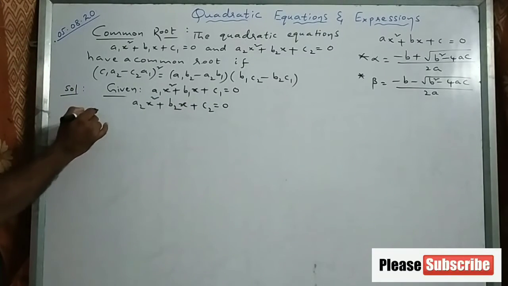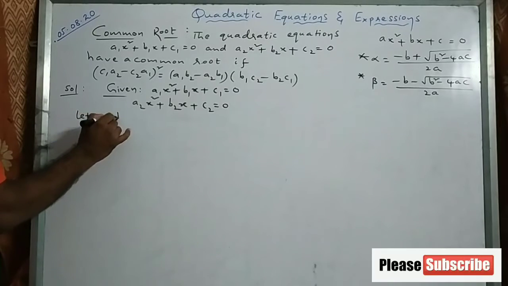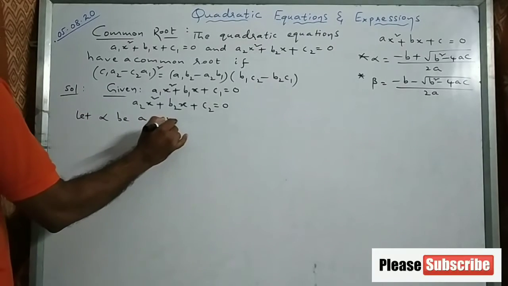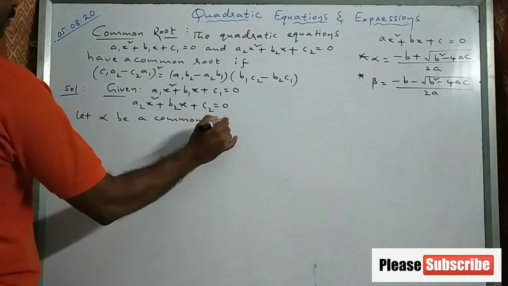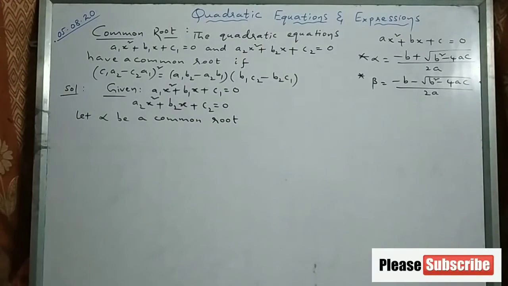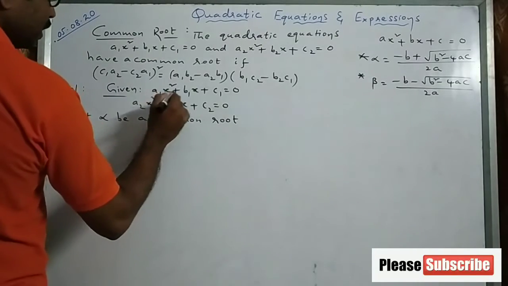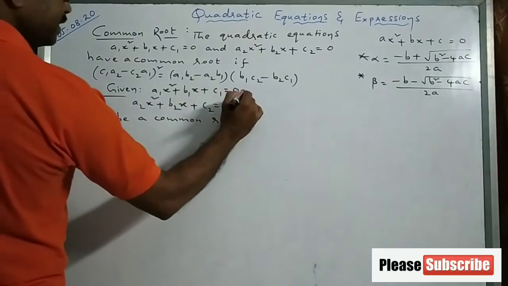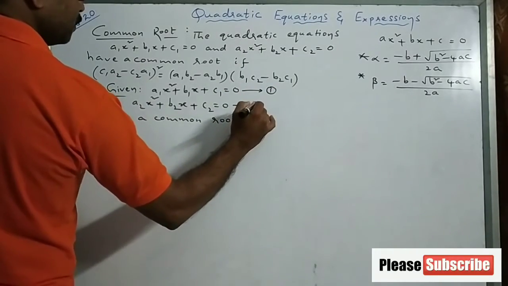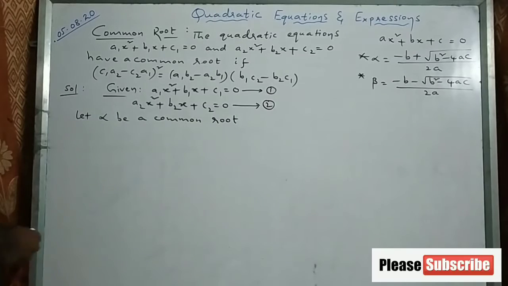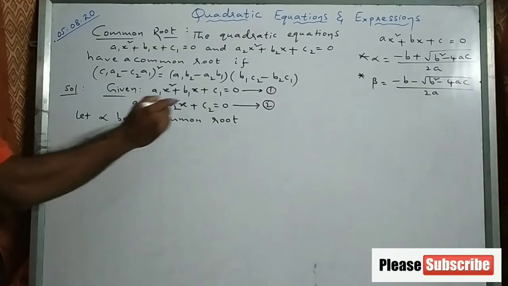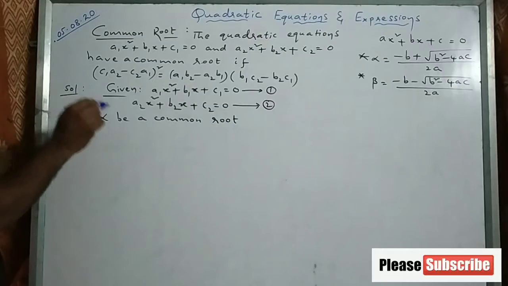Let me take one common root for both the equations. Let alpha be a common root. Common root means alpha is a root of equation 1 as well as equation 2 also, right? If it is a root, it satisfies.